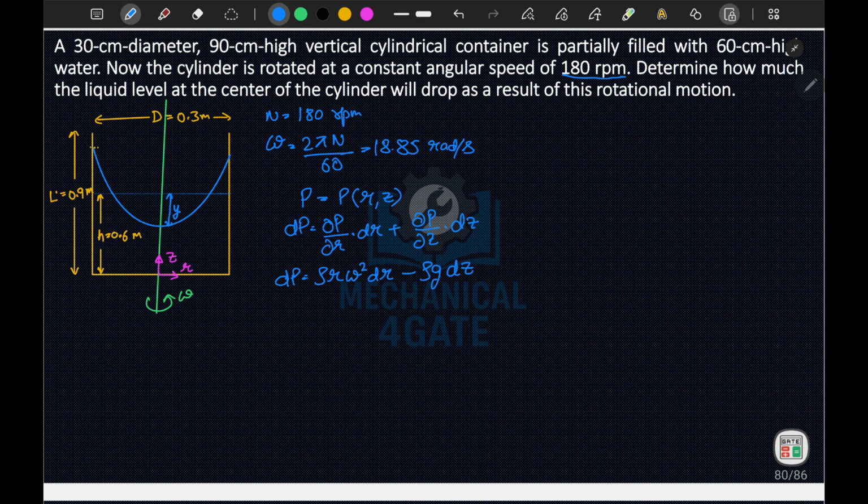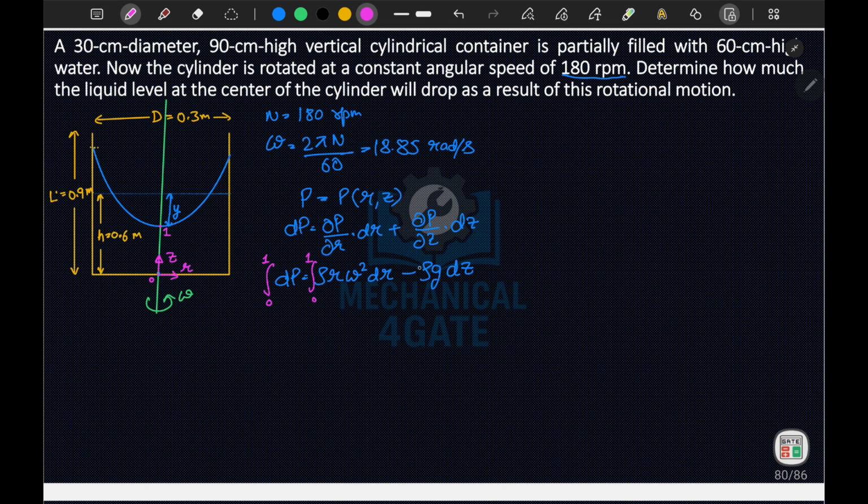Okay, so let's say this point is your O, and this point is your 1. Okay, so let's integrate this from 0 to 1.